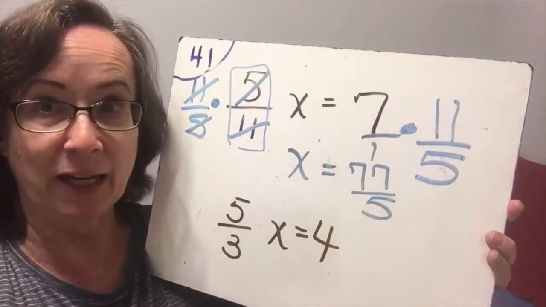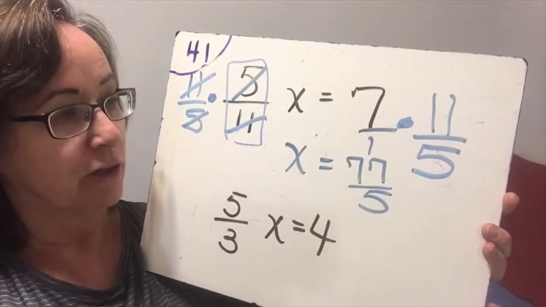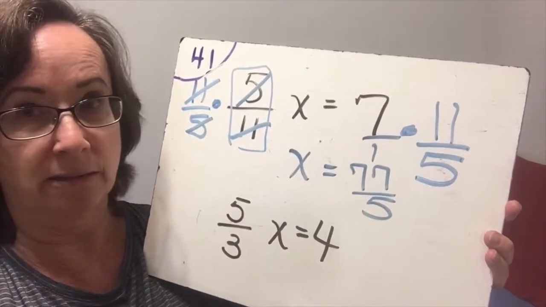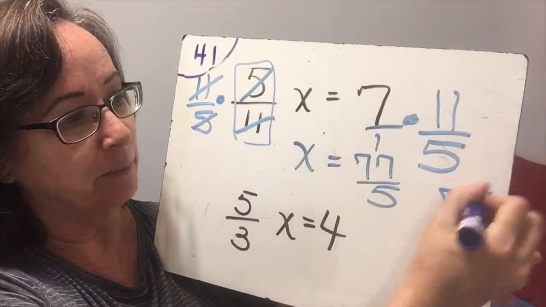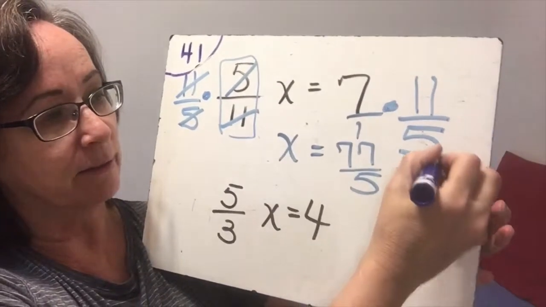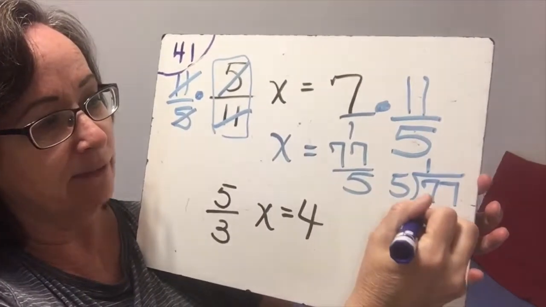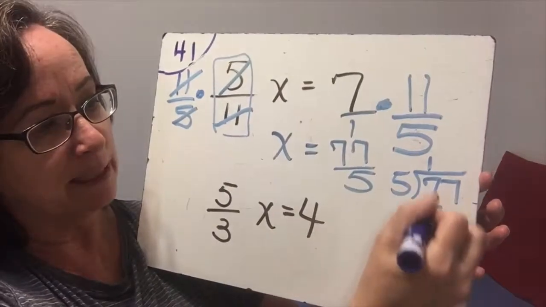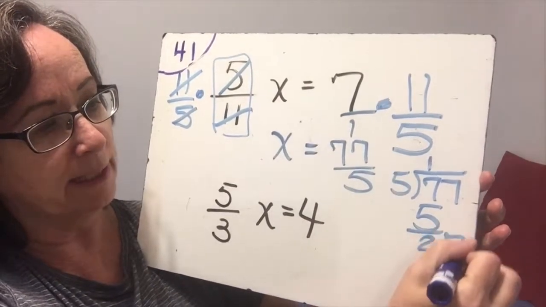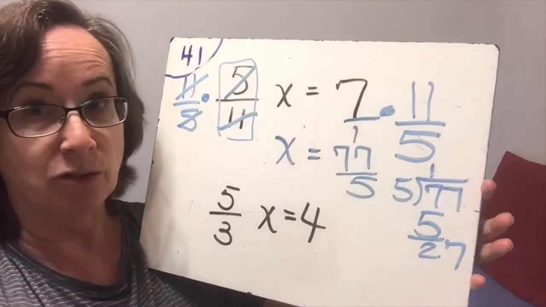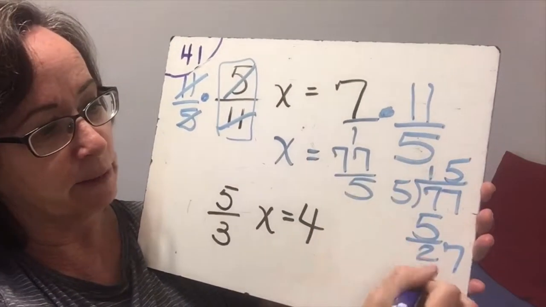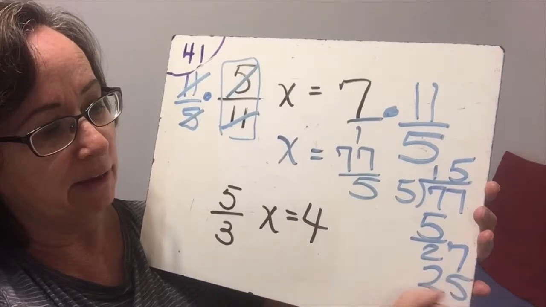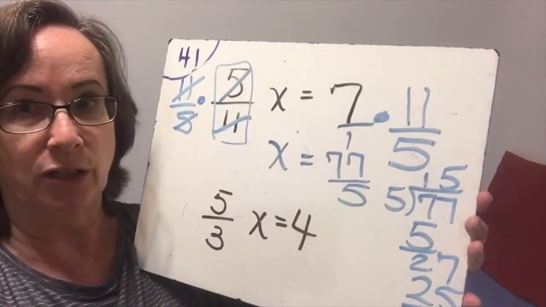Now 77/5 is an improper fraction. So we're going to have to do what? Some long division here. 77 divided by 5 is going to go 1, and 1 times 5 is 5, and we subtract and get 2. Bring down the 7. 5 into 27 is 5. 5 times 5 is 25, and we have a remainder of 2.